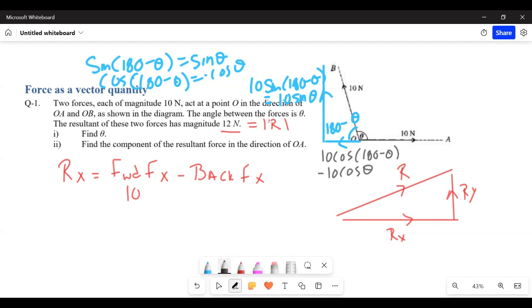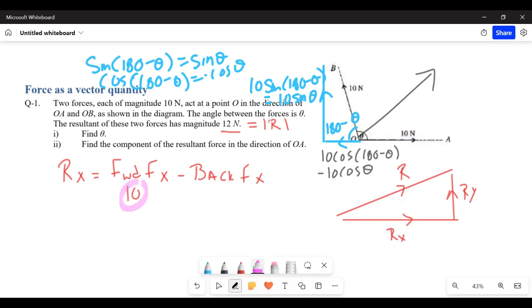So now for Rx, we're going to use the forward force in the X direction minus the backward force in the X direction. Since the resultant is in this direction, Rx is going to be here. The forward force is the simple 10 Newton force, the forward force in the X direction.